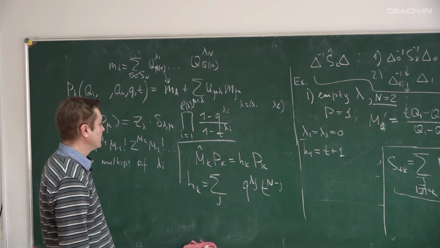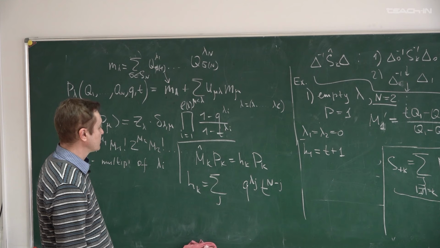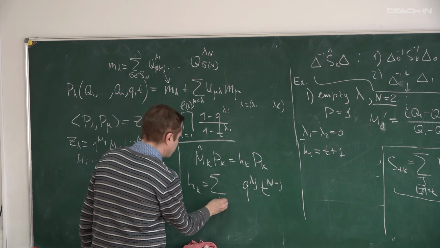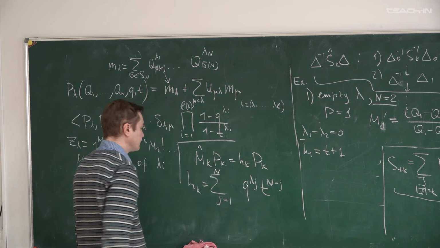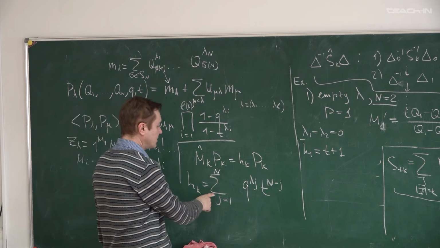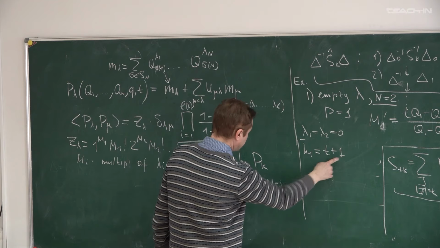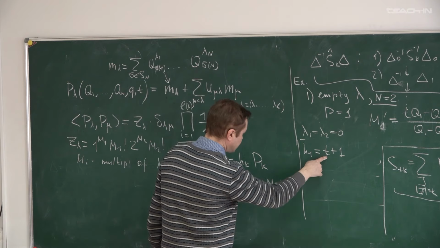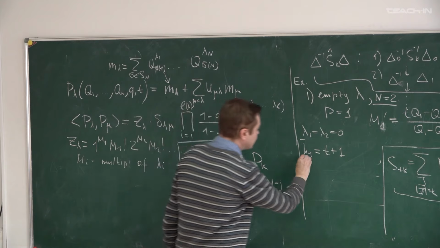So when j is from 1 to n, when j is equal to n, we have 1, and when j is equal to 1, we have t. This is the eigenvalue.